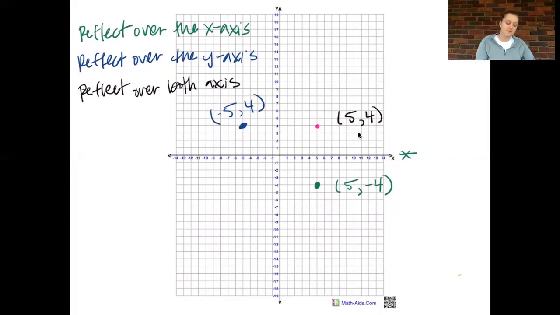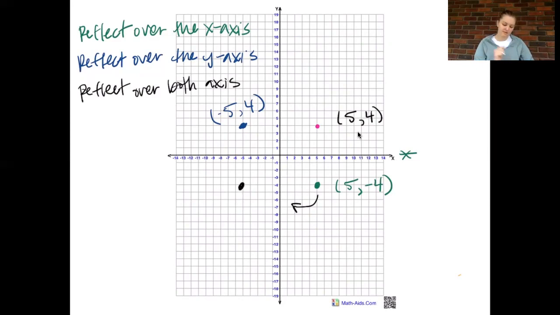If I were to reflect over both axes, I would go over y and then over x, or over x and then over y. But either way, if I take either one of the reflections I already did, if I were to take this reflection over the y-axis, that would put me right here.